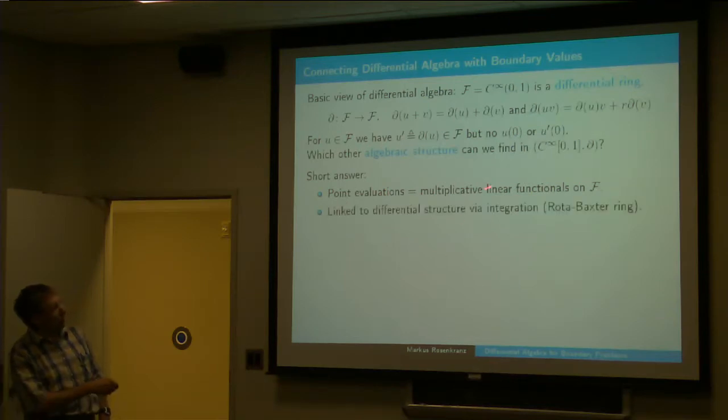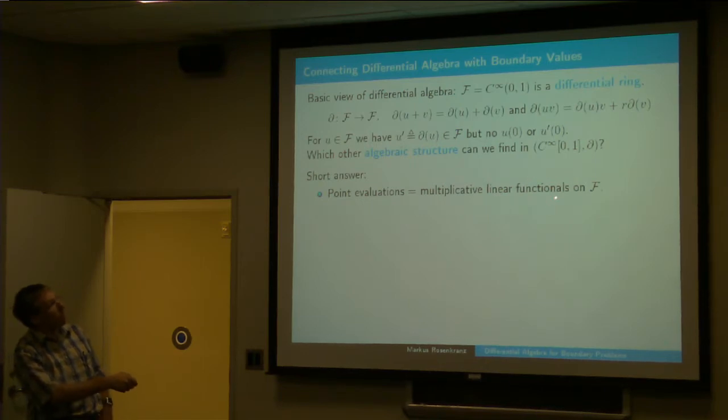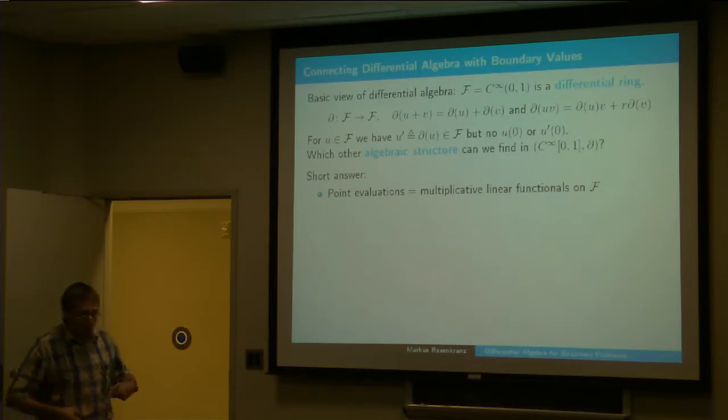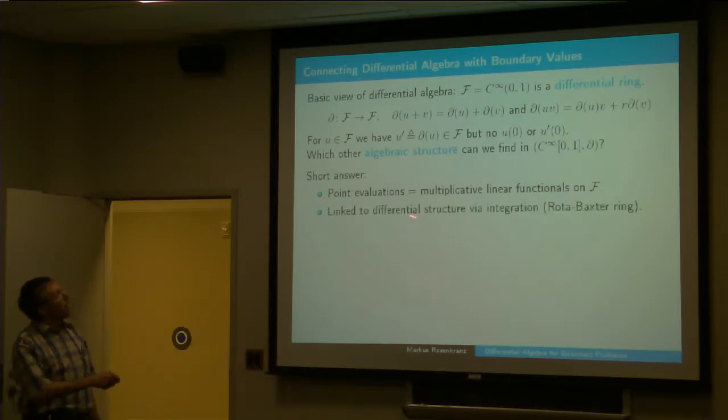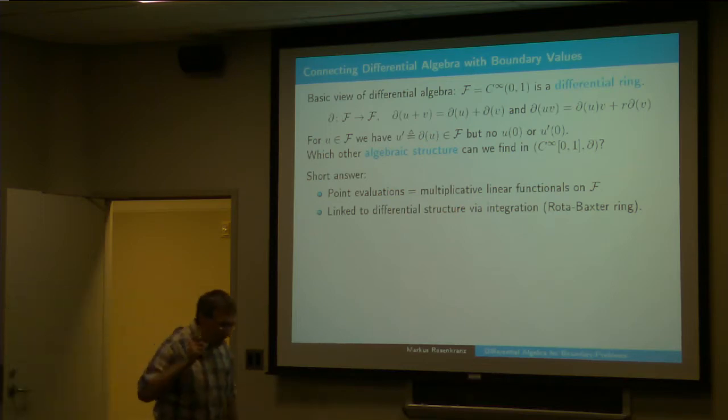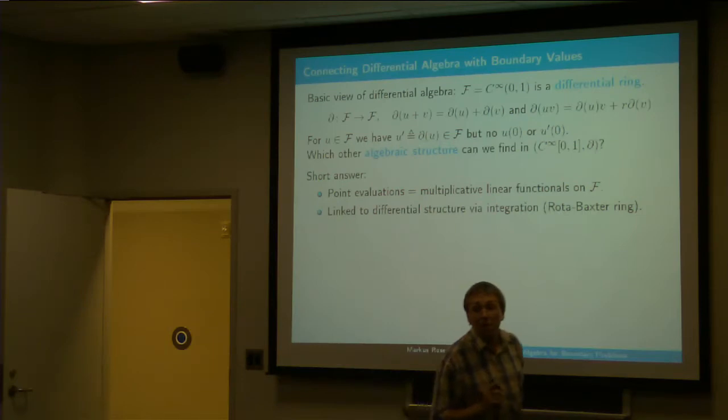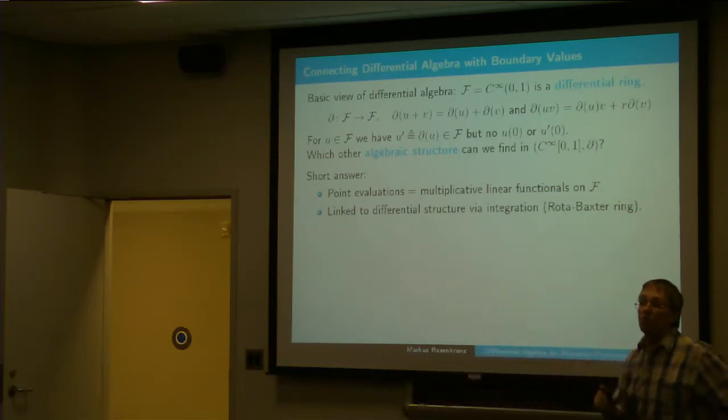But of course, that wouldn't help by itself, because then this has to communicate in a suitable way with the differential structure. They have to play together. There has to be some harmony here. And the trick is that you link it to the differential structure via the integral. And that's why the Rota-Baxter operator is so important already at this stage.